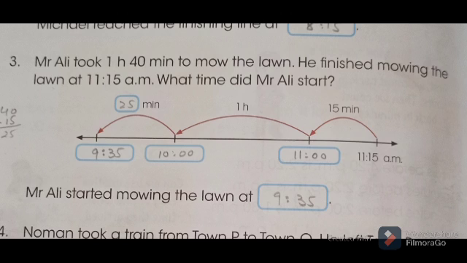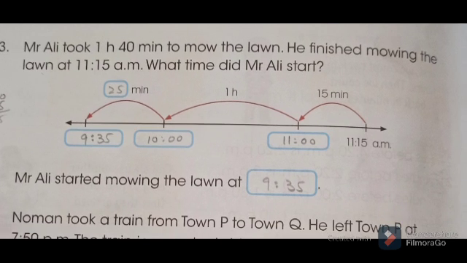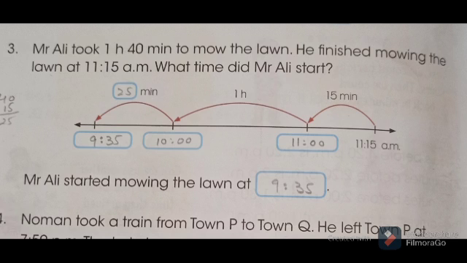Question number 3 is, Mr. Ali took 1 hour 40 minutes to mow the lawn. He finished mowing the lawn at 11:15 a.m. What time did Mr. Ali start? 11:15 is the ending time. We will count back to the nearest hour, that is 11. 15 minutes before it will be 11.